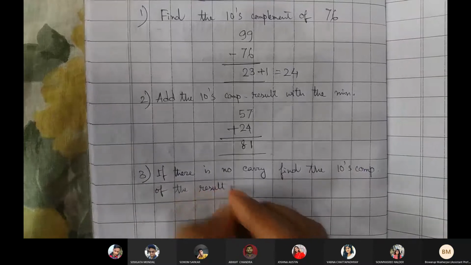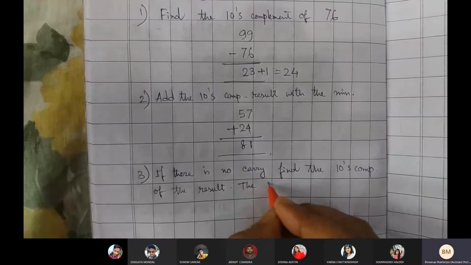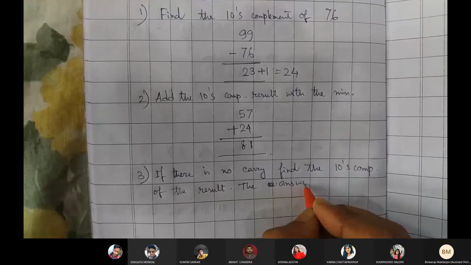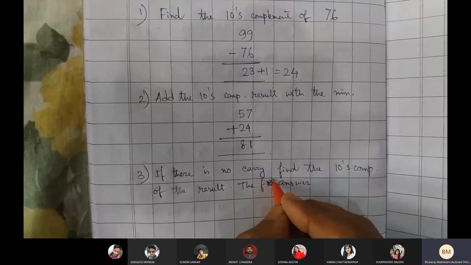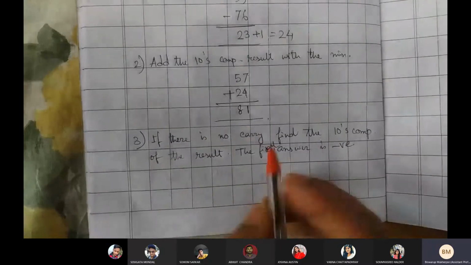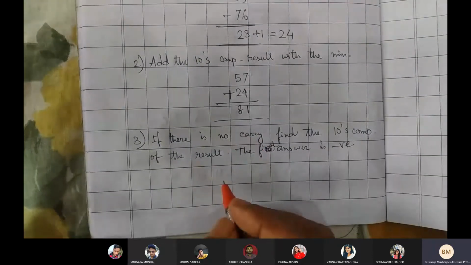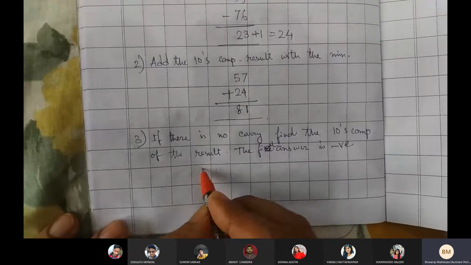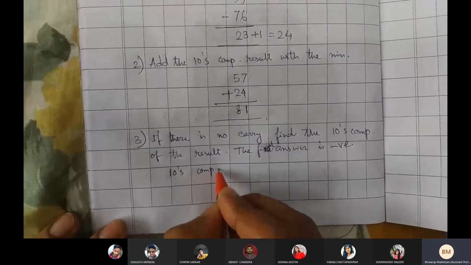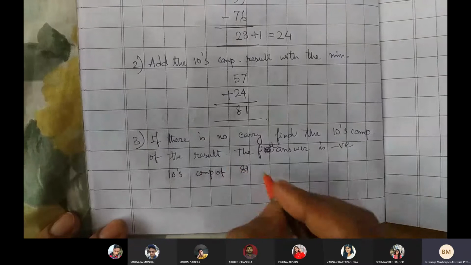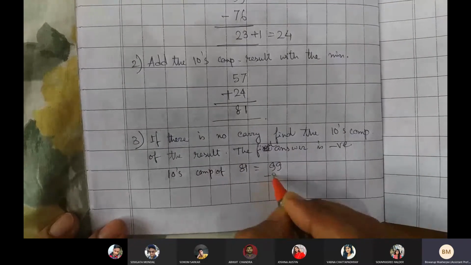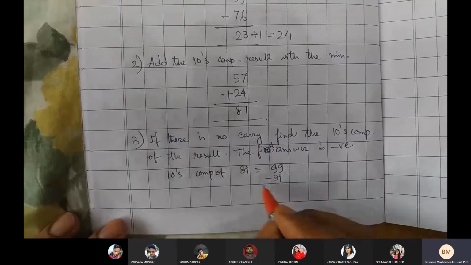The result is negative. The final answer is negative. So the tens complement of 81 is equal to 99 minus 81 plus 1.